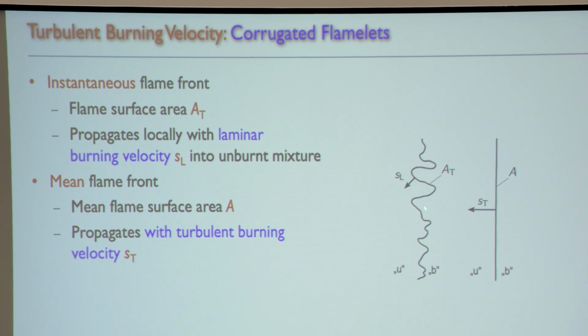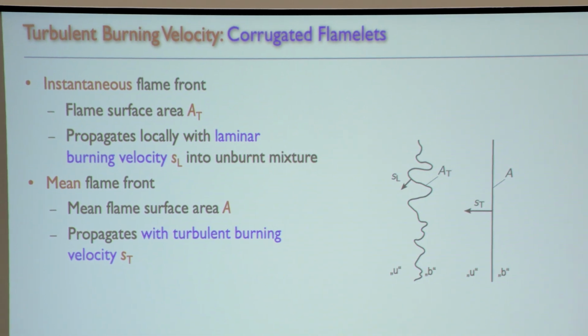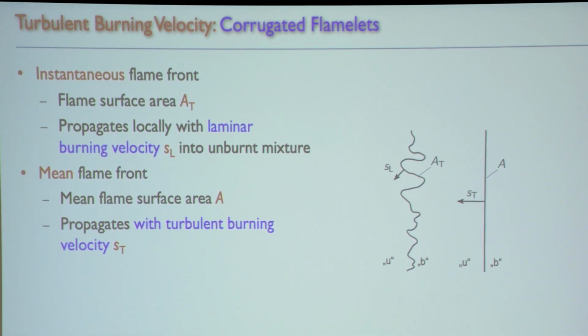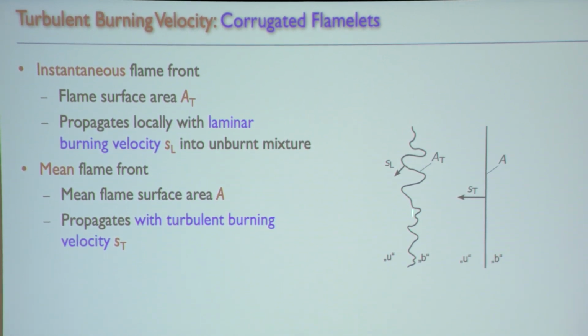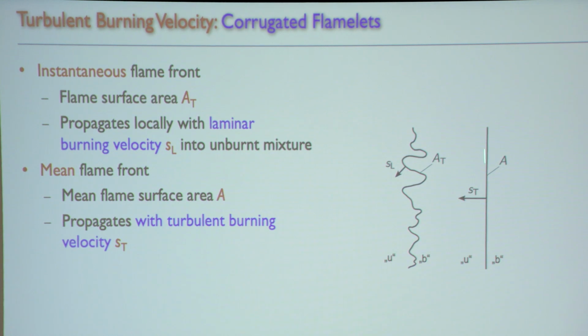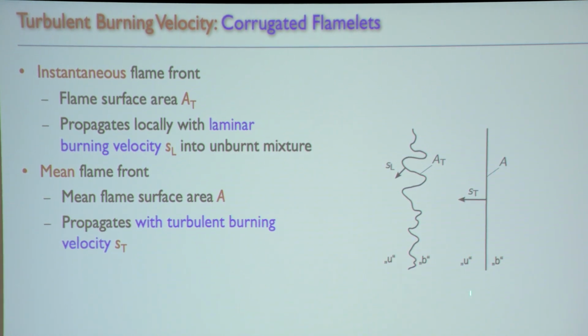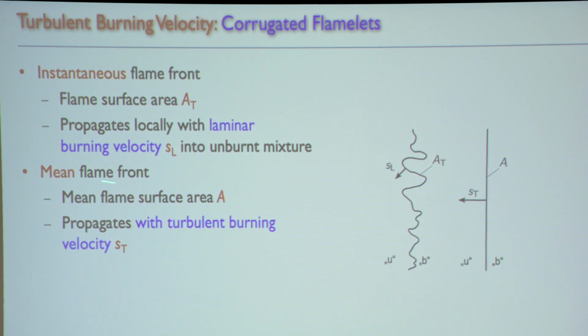And this is the real turbulent flame. So I take a photo of this. This is one instantaneous realization. But let's say I take 1,000 photos of this, then I get a mean flame front position, which looks like this. The mean flame, the average flame, has a much smaller surface area than this corrugated one.